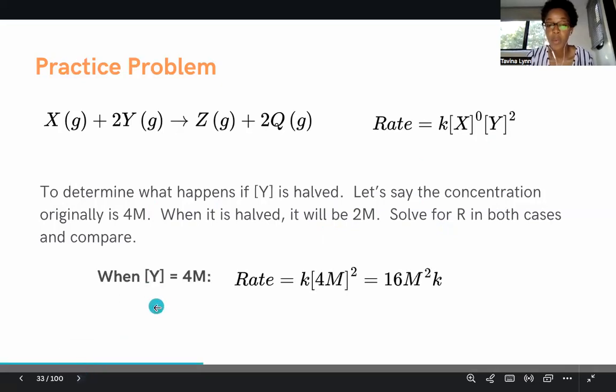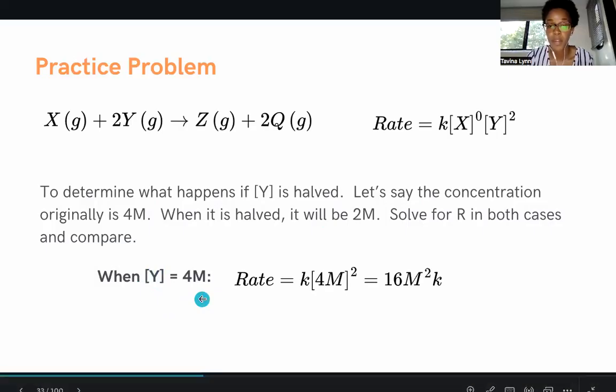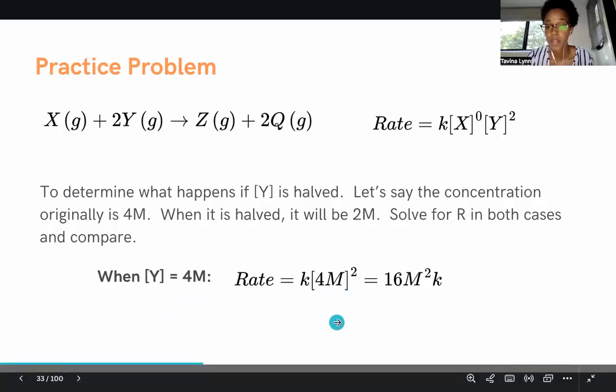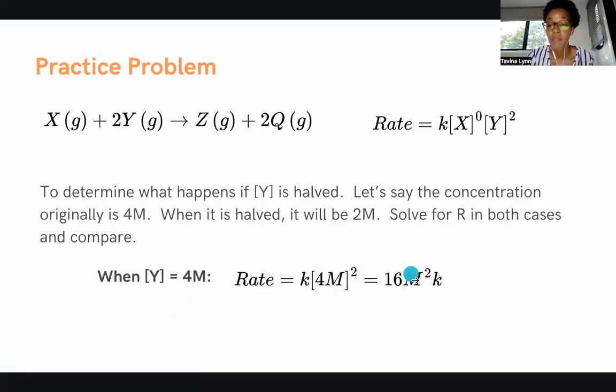When our concentration of Y is 4 molarity, our rate is going to be equal to K times 4 molarity squared. If I solve this term, 4 squared is 16. We have molarity squared, because molarity times molarity is molarity squared, times K.